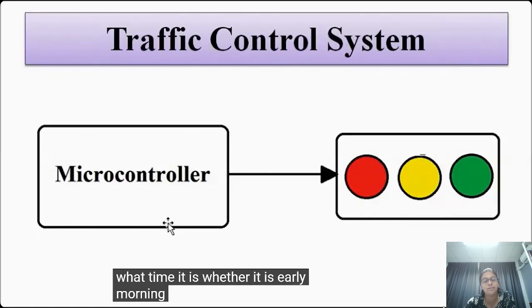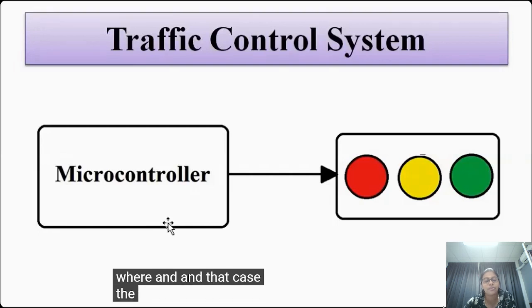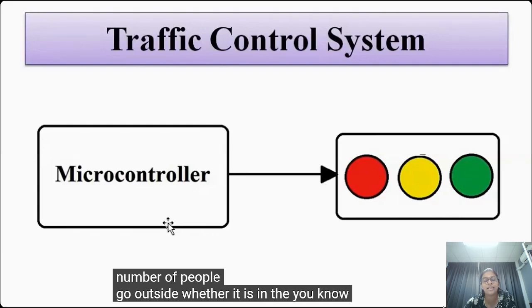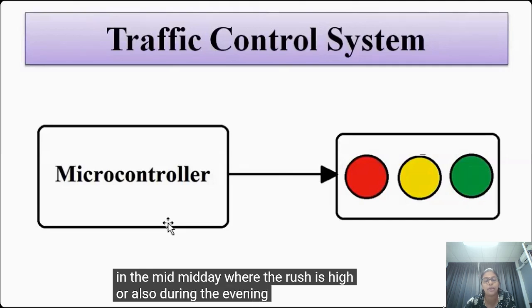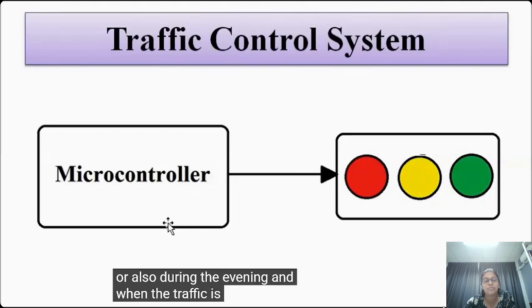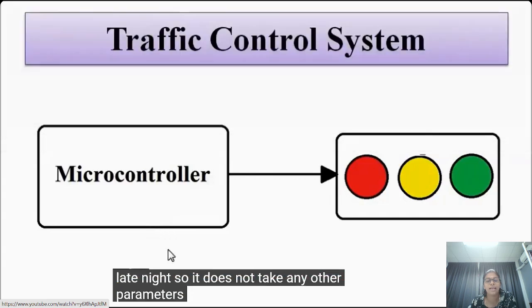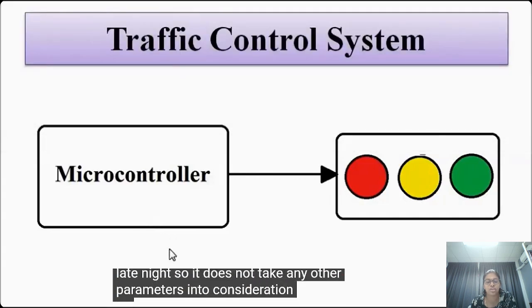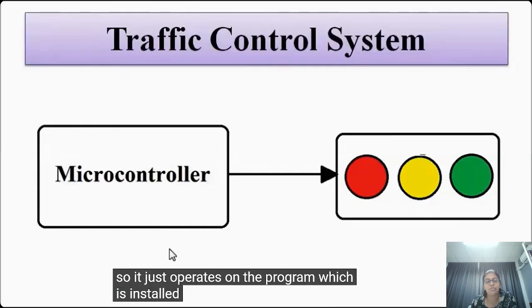Early in the morning the traffic is usually less because fewer people go outside, while at midday or in the evening the rush is high. It does not take any of these parameters into consideration. So it just operates on the program which is installed.